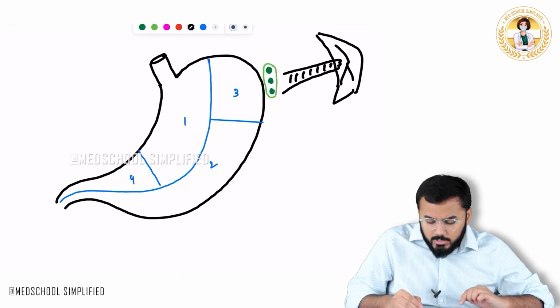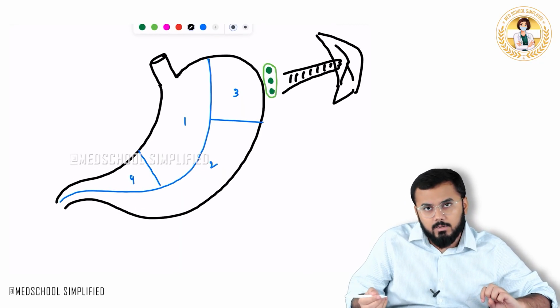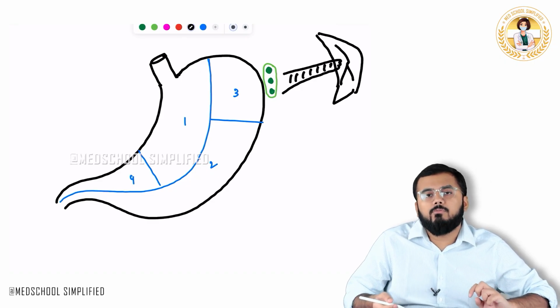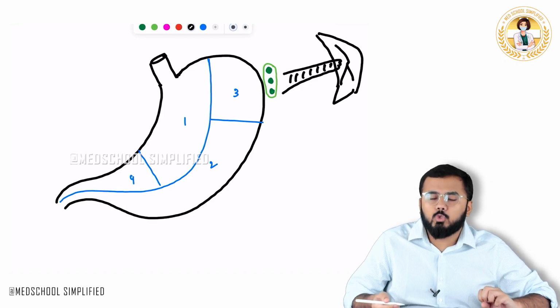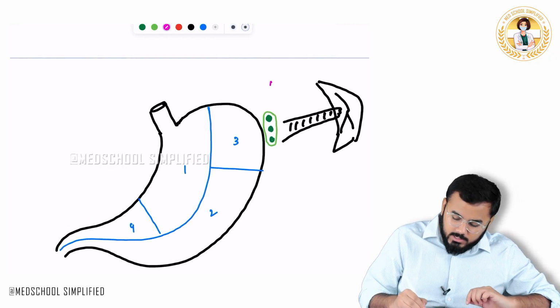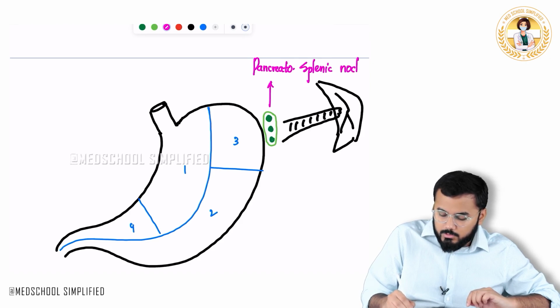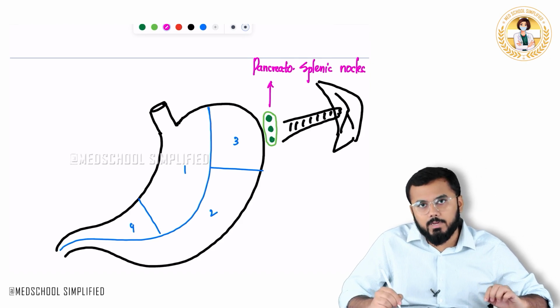Now this group of lymph nodes is present near the pancreas and the spleen. So you call this group of lymph nodes the pancreatosplenic lymph nodes. These are called pancreatosplenic nodes.